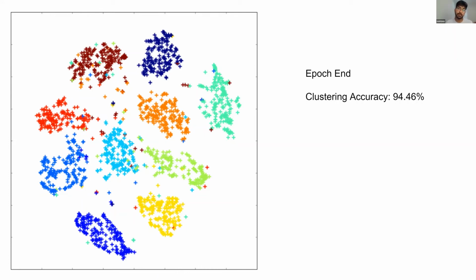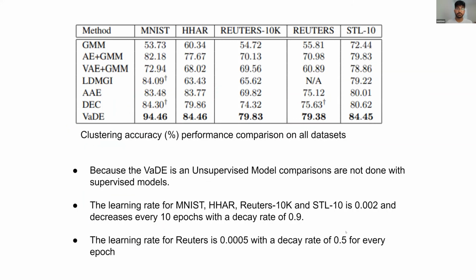As we move on to the next slide, the table here represents the clustering accuracy performance comparison on all the datasets. Previously we were calculating the accuracy just based on the MNIST dataset. This table represents the accuracy obtained for different datasets for different clustering methods.